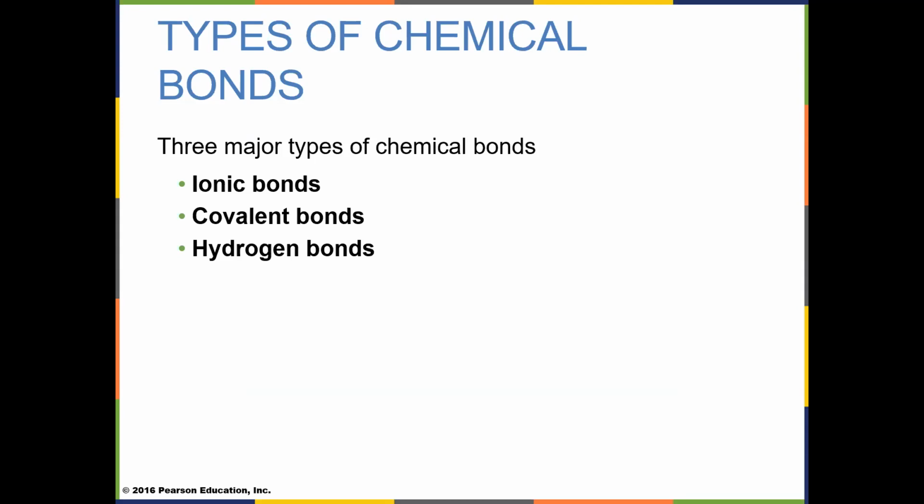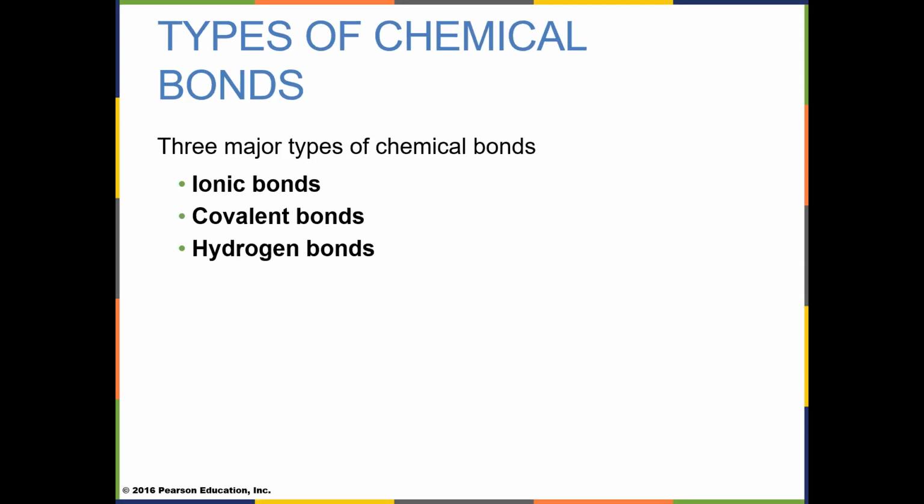You may cause atoms to come together. You may break atoms apart from each other. You may take large molecules and break them into small molecules, or take small molecules and make big ones. But the end result is always going to be stability with the product.